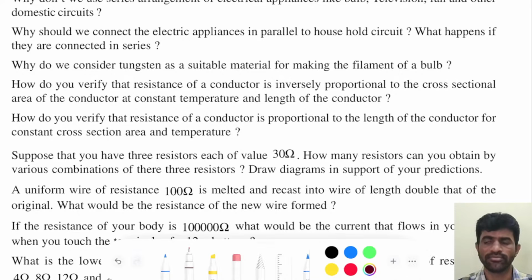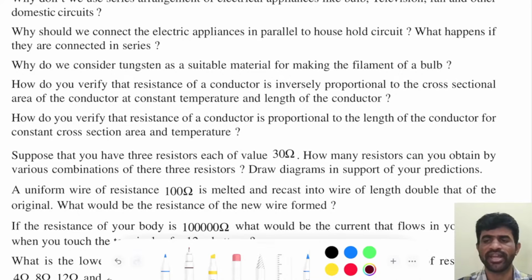One time we use a conductor with less thickness, measure the values, and another time we connect a conductor with more thickness than the previous one. In both cases, we observe the current and voltage measurements.